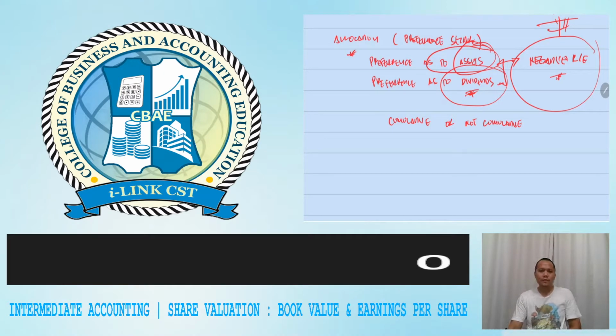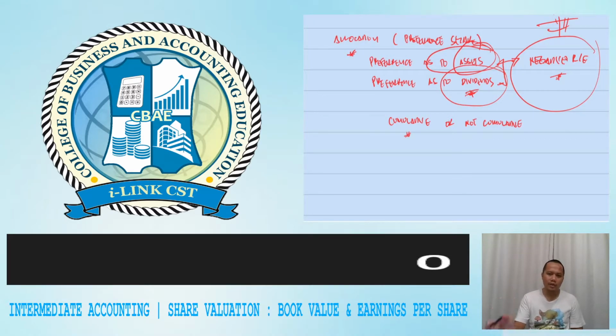Okay? Pag sinabi natin cumulative, meaning, when it comes to per book value computation, we are to give the preference share its dividends in arrears.